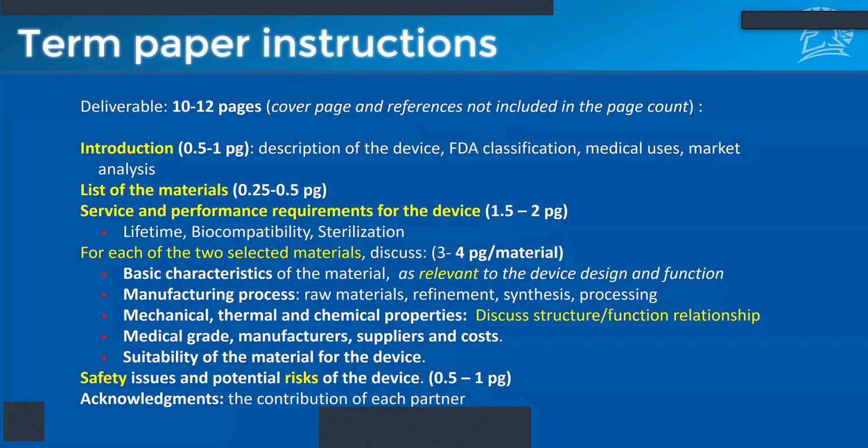I won't read everything on the slide here, but I'll just give you an idea of the sections that I'm looking for. You need to introduce your device with a short description, list the materials that you're going to be focusing on. So the assignment is you've been assigned or you've chosen a medical device. You and your partner together are going to choose 2 materials from that device to delve into and tell me a lot about.